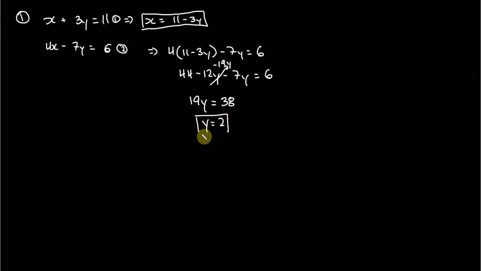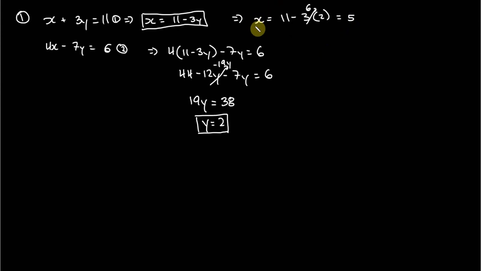And now we can take this value for y and substitute it back into the very first equation, where we know x equals 11 minus 3y, and so I will just write that up here. So now we know that x equals 11 minus 3 times 2. 3 times 2 is 6, so x is going to equal 11 minus 6, which is going to be 5.